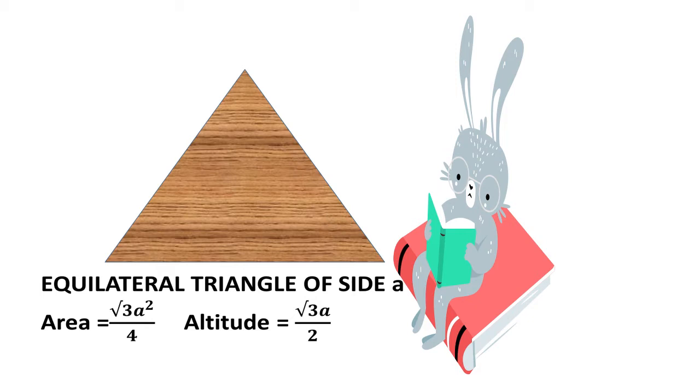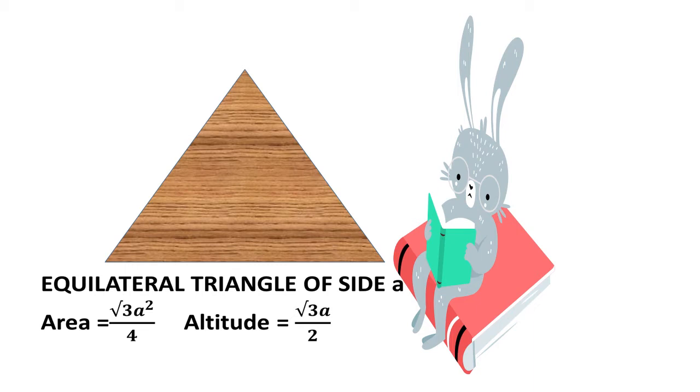So when you put this value in the formula for area of the triangle, which is half base into height, the value of base is a over here because the side of the triangle is given as a, and the altitude is equal to root 3 by 2 a.